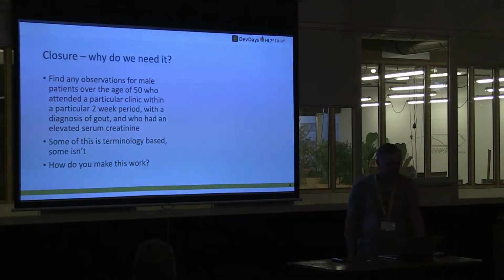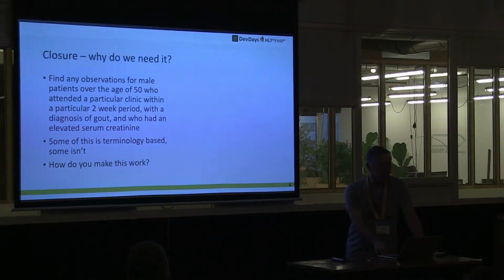Suppose you're trying to query for FHIR observation resources for male patients over the age of 50 who attended some particular clinic within a recent period, a couple of weeks in this example, with a particular diagnosis, in this case gout, but also had another associated finding, here elevated serum creatinine.